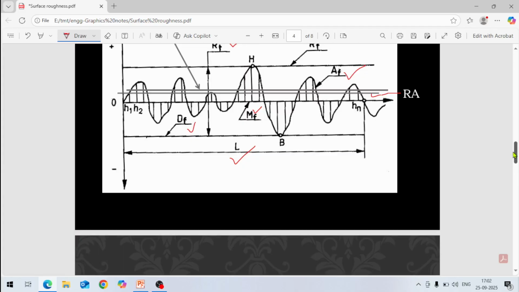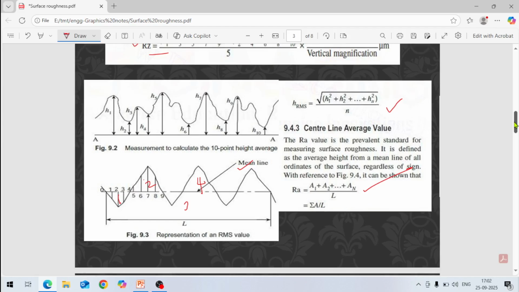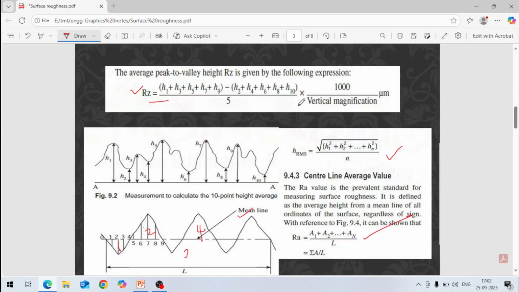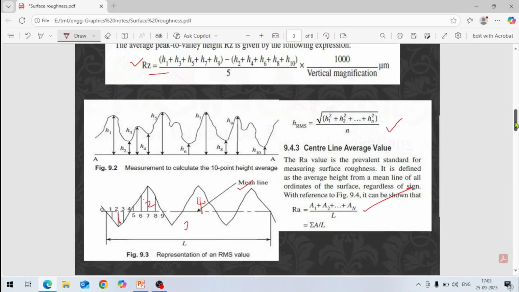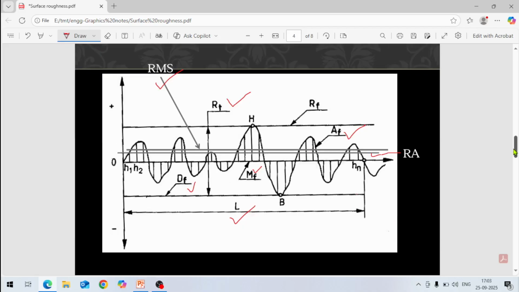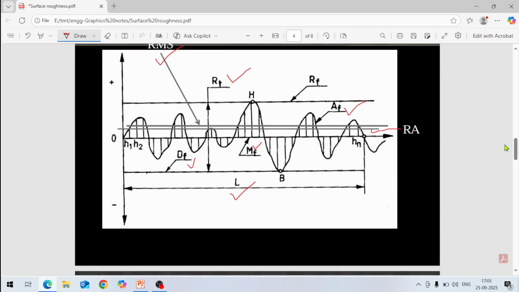So these are the values we have already discussed: RMS value, RA value, RZ value also, how to calculate this RZ value. This way we can calculate these values in microns, how much is the roughness height. If you compare, RT is the total roughness. RA value is this much height from the mean line.